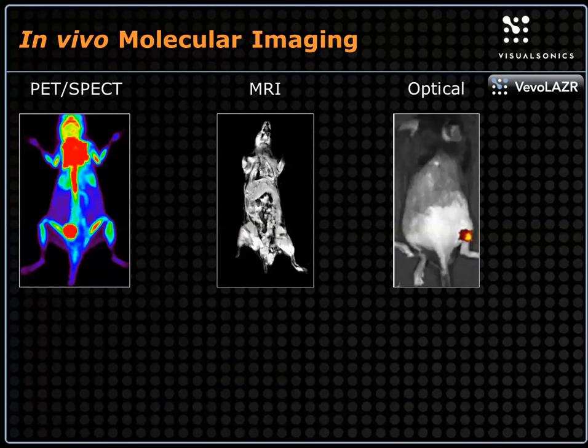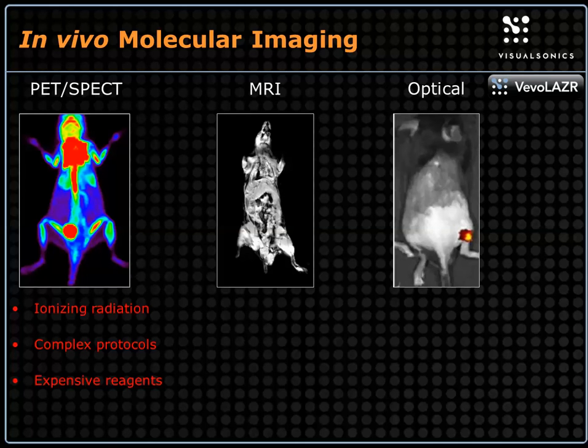Now, many of you are going to be familiar with some of these molecular imaging modalities, for example, PET and SPECT, MRI, and of course, optical. But there are some limitations and challenges with these modalities to be able to generate the data that you need for your studies. First of all, PET and SPECT use ionizing radiation.